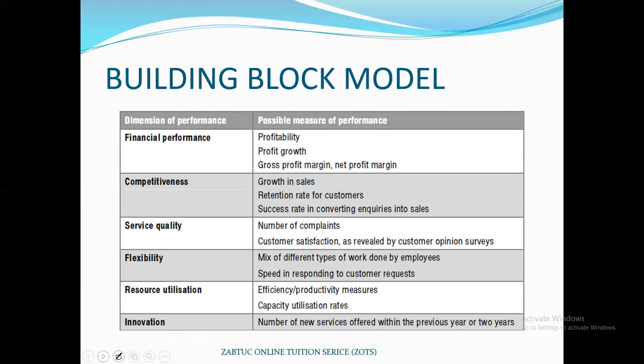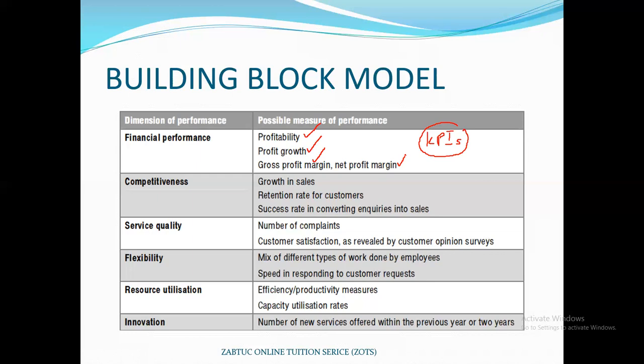These are not all the measures, but some of the possible measures, or what we normally call the KPIs. What are the possible KPIs that can be used? Profitability, profit growth, gross profit margin, net profit margin. These are examples of some KPIs that you can use.